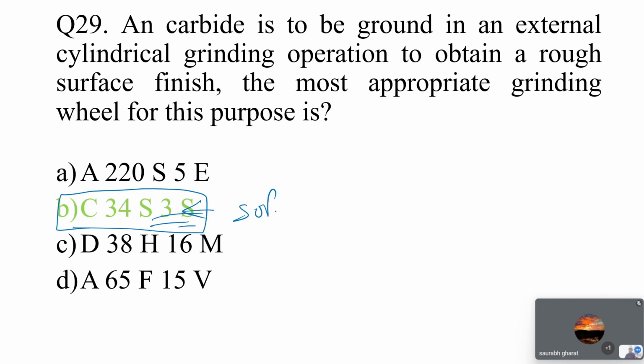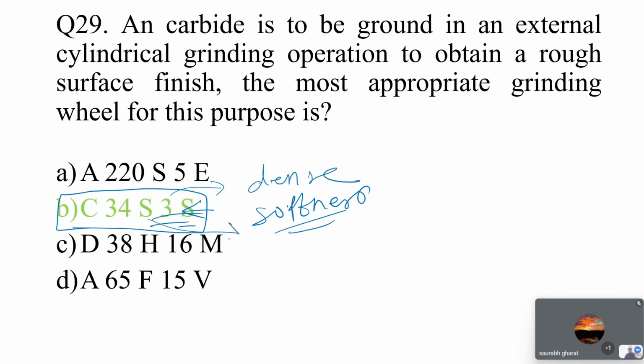I told you here, the softness is there, and the shellac bond is again used. You are using kinds of dense, and you are using S here again. So again, you have Q. Then again, it is a hard wheel.